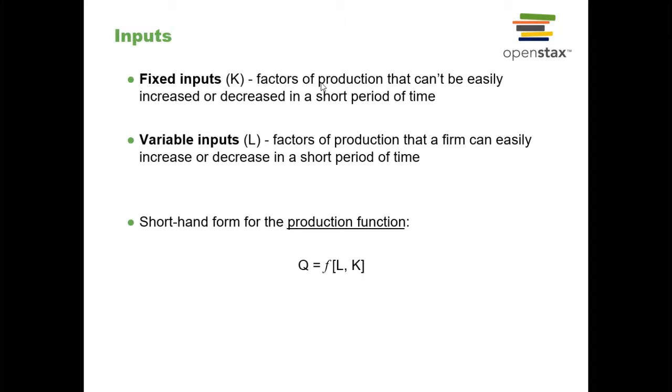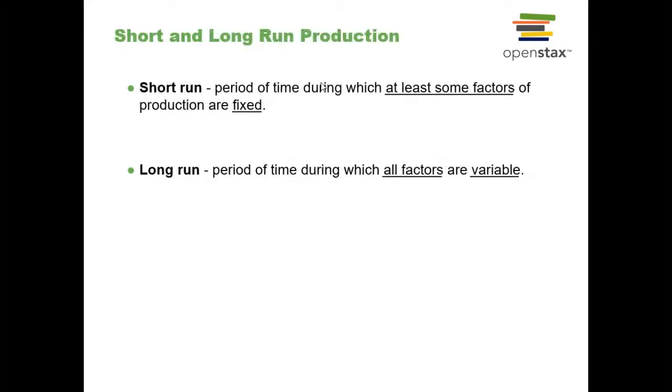Obviously, it's more than just capital and labor, but that's just the shorthand that we use. We are going to define the short run not by a specific period of time, but simply as a period of time during which at least some factors are fixed. We can't build a new factory or build new machinery. And the long run is the time period in which everything is variable. Everything can change.